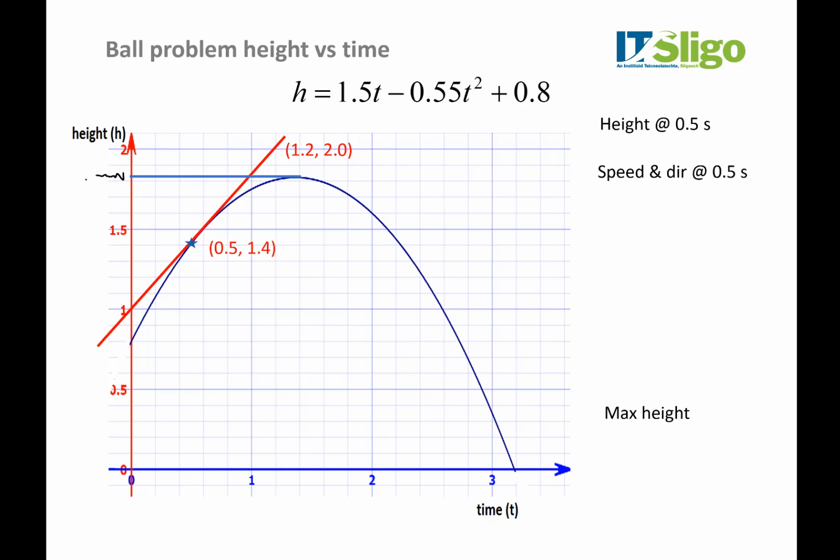We'd have to draw a horizontal line from where we consider to be the peak of the curve and then read back off our height axis what the height was at that particular time. So these are all issues with drawing graphs and trying to arrive at accurate answers from these graphs.